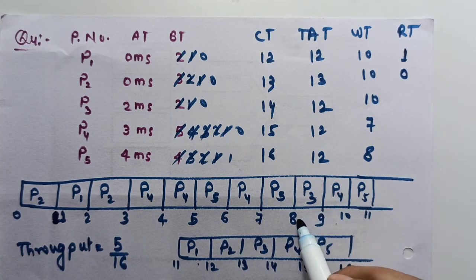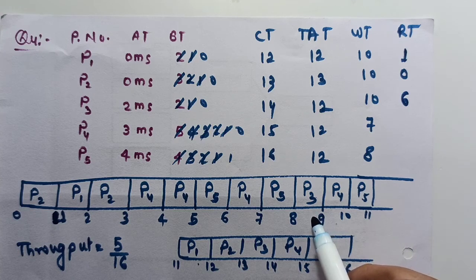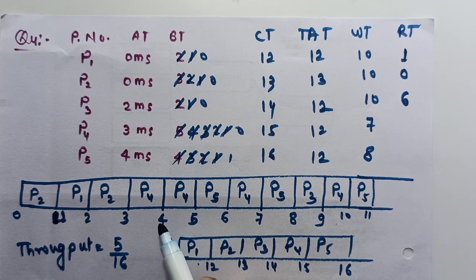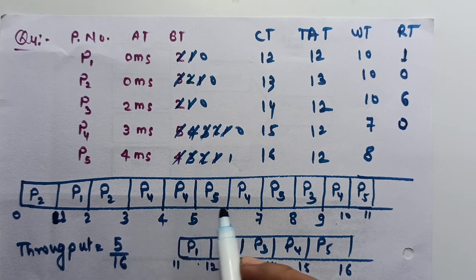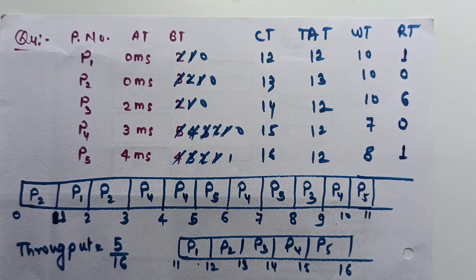Process P3 arrived at 2 but was assigned at 8, so 8 minus 2 is 6. ये हमने लिख लिया. Process P4, see here, it is assigned at time 3 and arrived at 3, so 0. Process P5 is assigned at 5 but arrived at 4, so 5 minus 4 is 1. So in this way we can calculate the response time.